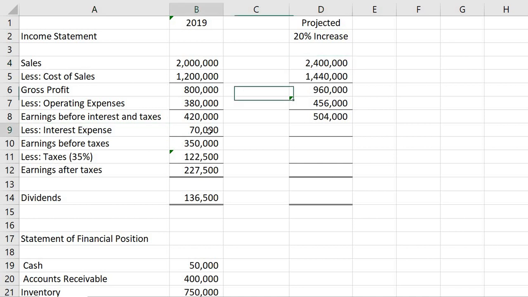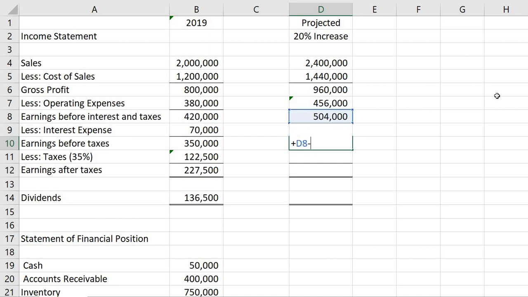Why? Because your interest expense will only change when you borrow. In this case, it was not said that there is a new loan, so we just keep the 70,000 as is. You just copy that. Your interest expense will only be affected once you decide how to finance, if ever, the additional funds needed by your company.